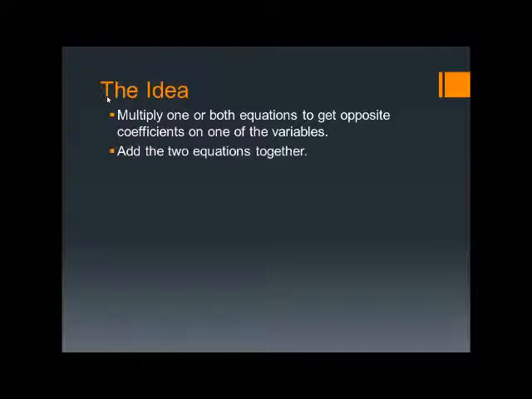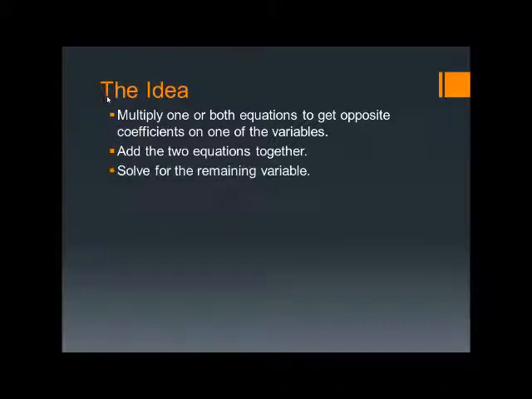Because these are equations, the whole point of equations is that the two sides are balanced. When you add your two equations together, the result will be another balanced equation. Now if you did step one right and have your opposites, when you add these together, those opposites will cancel out and one of your variables will be eliminated.